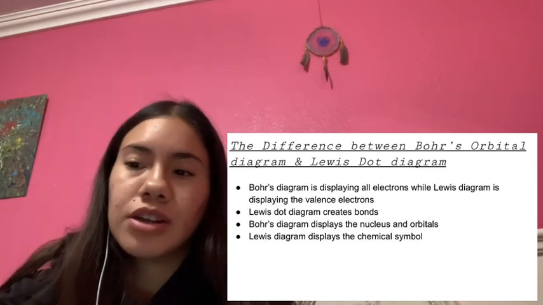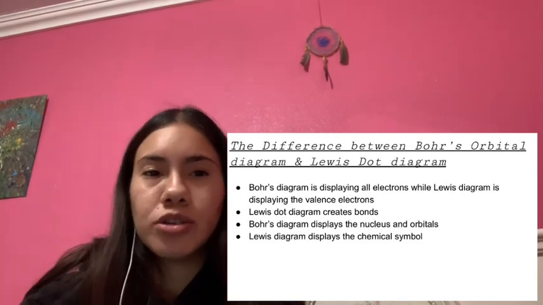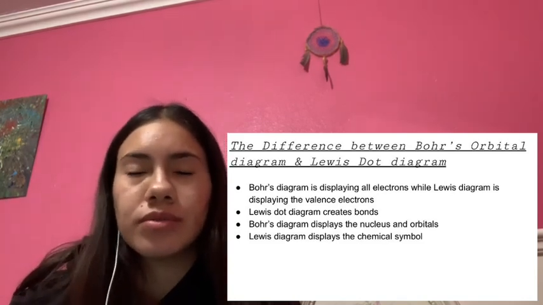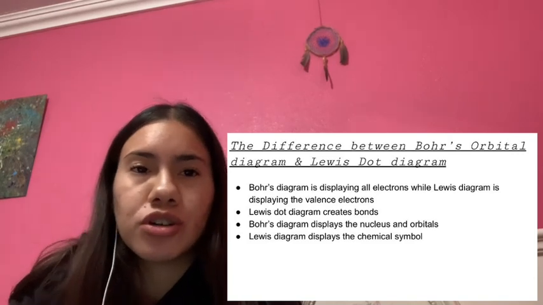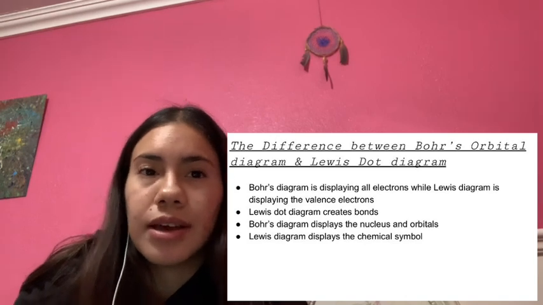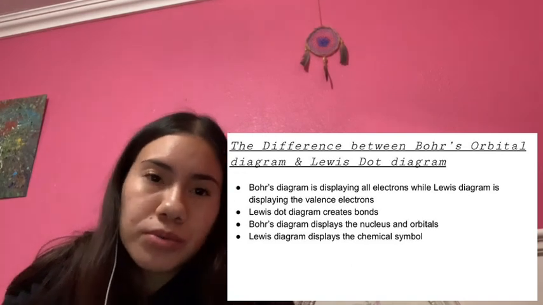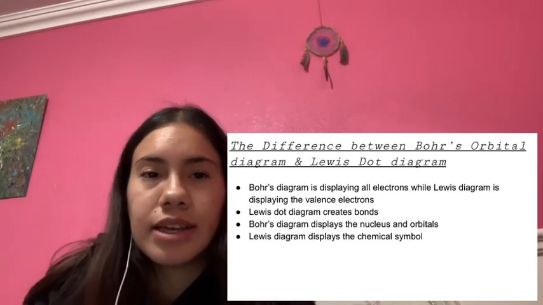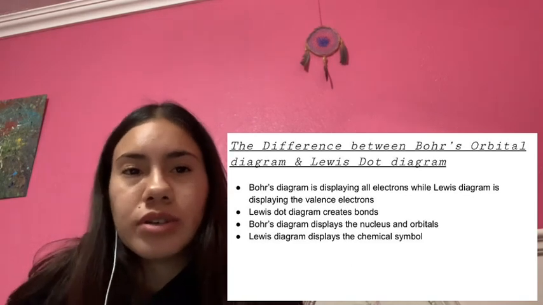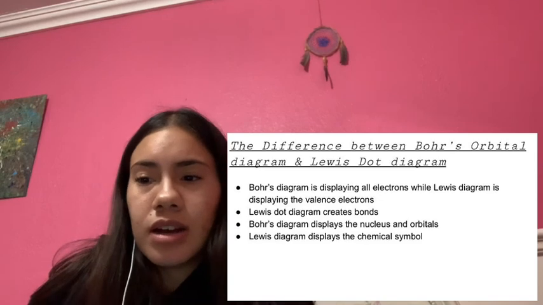And so another difference is that the Lewis dot diagram creates bonds between different atoms, while Bohr's orbital diagram is just showing the electrons that an element has. And in Bohr's orbital diagram, it displays the nucleus and it has orbitals, while the Lewis dot diagram just has the chemical symbols. And so those are just 4 differences that I found, and that is it for my presentation.